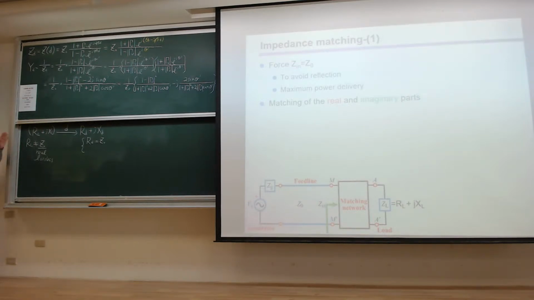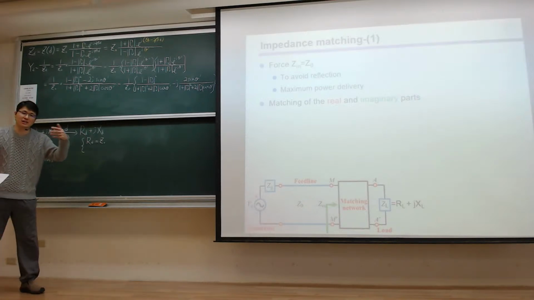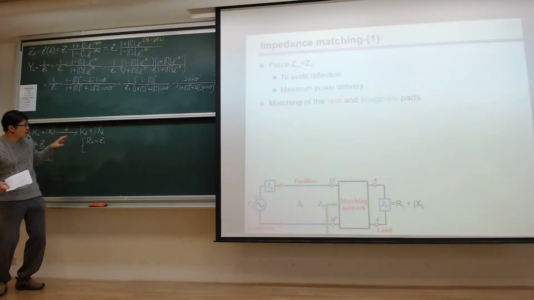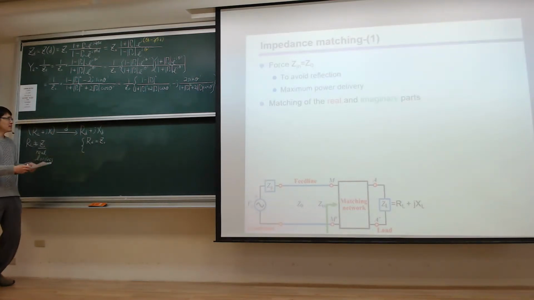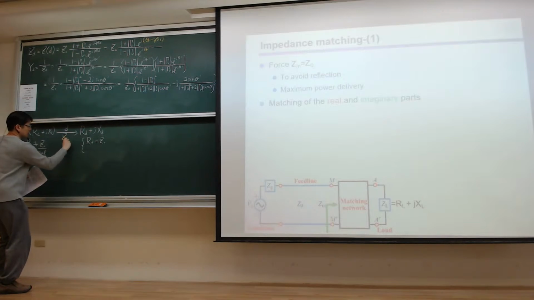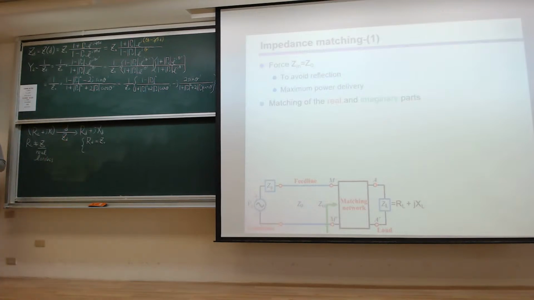So think about it. Do you understand the philosophy up to now? The load itself is not matched to the transmission line. But what I can do is, by walking for a certain distance, then I'm using the effective ZD, right?